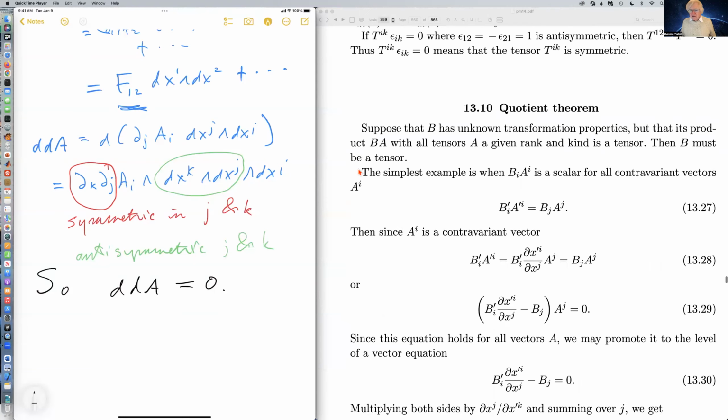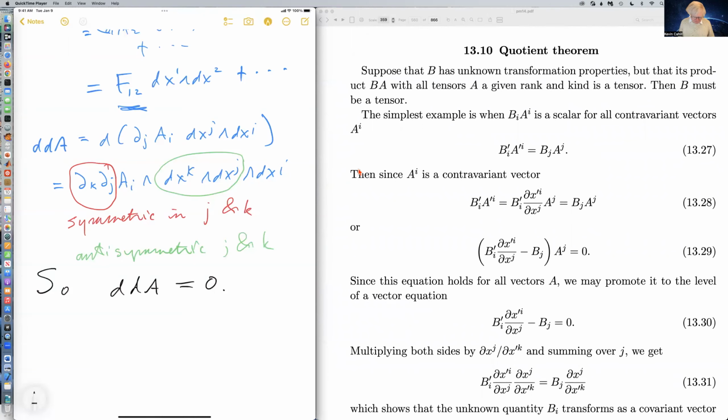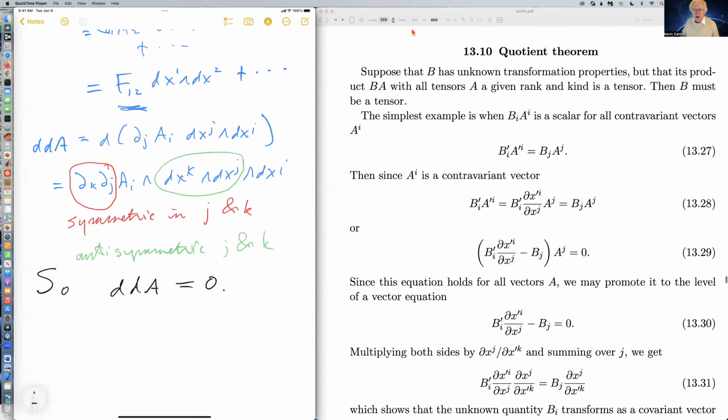There's a theorem that's extremely useful and not all that hard to prove, and it's sort of intuitively clear. Suppose B is some mathematical quantity, you don't know what it is, but when you multiply B by any tensor of a given rank and kind, you get something that does behave as a tensor.